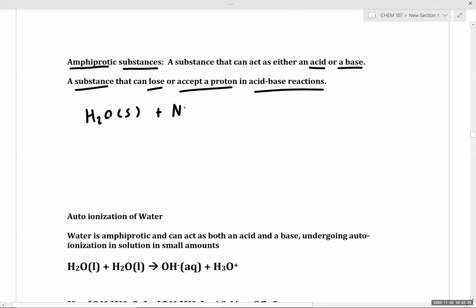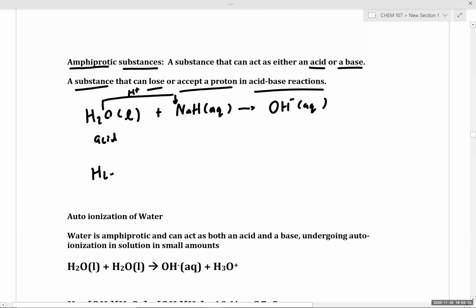For example, if we treat water with a strong base, such as sodium hydride, we end up generating hydroxide. So in this case, water is functioning as an acid, and it is donating a proton.